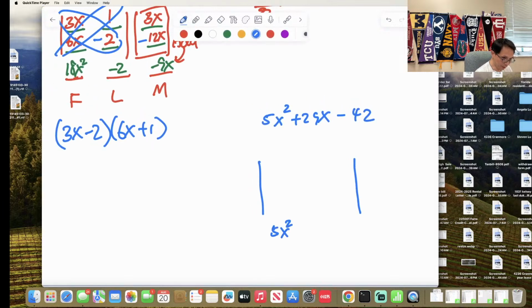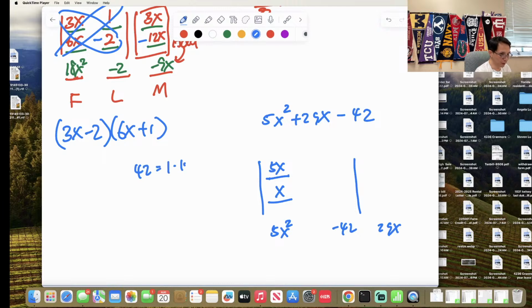By x squared. Did you guys do this? You guys do this? Okay. Which two things multiplied are going to give you 5x squared? Yeah, 5x and 1x, right? That's only one combination, so there's nothing you can go wrong with that. So 42 has a lot of combinations.